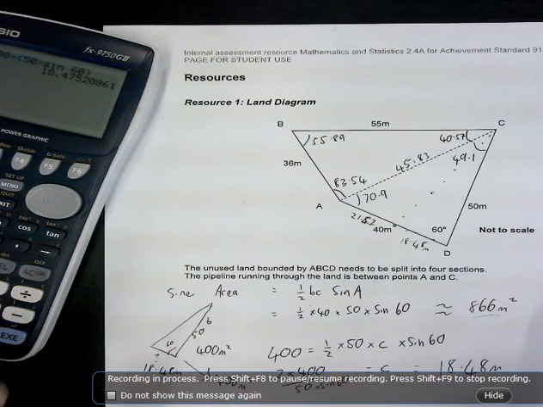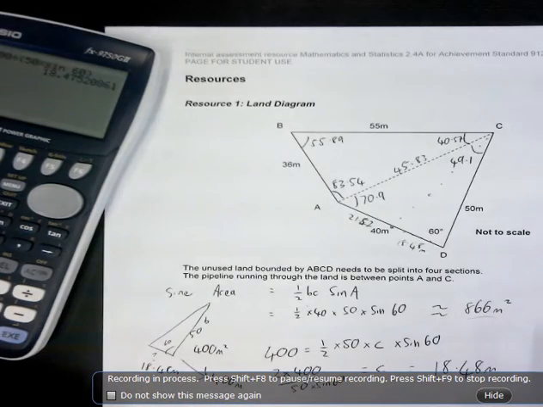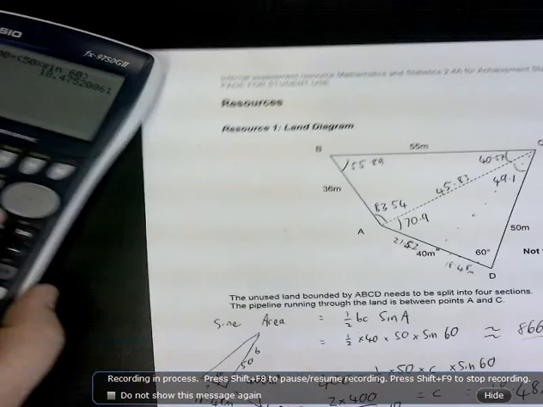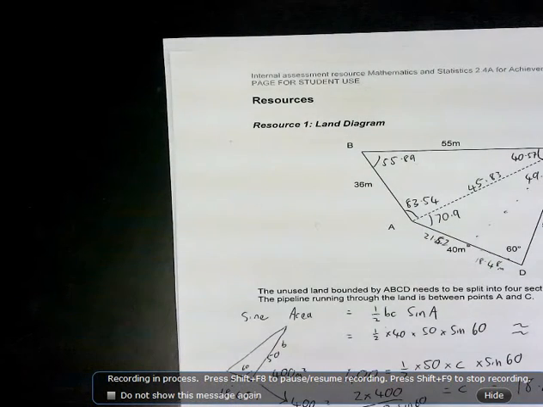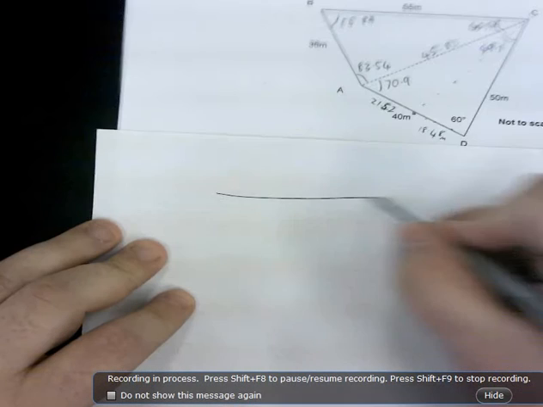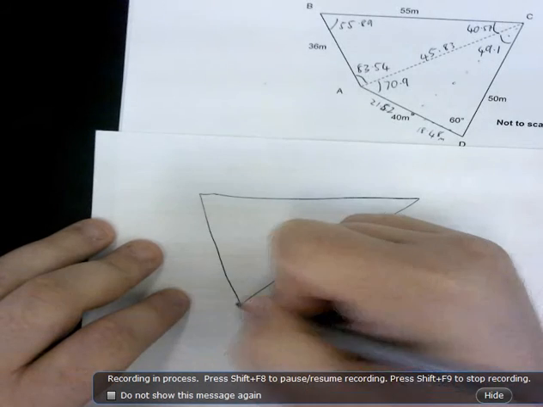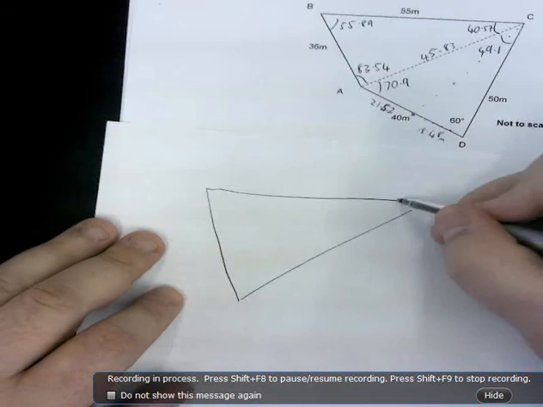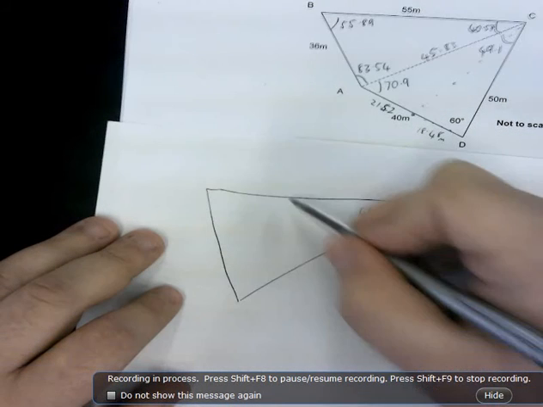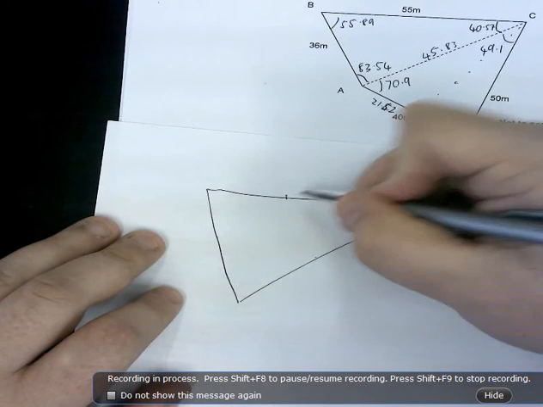But if you want excellence, remember we have to make one of these regions not a triangle. So here's how I'm going to do it. I'm going to take this triangle, and you don't have to do it this way, this is just an example of how you can do it, and I'm going to take this angle, 40.57 degrees, and these two sides, and I'm going to make an isosceles triangle to there.